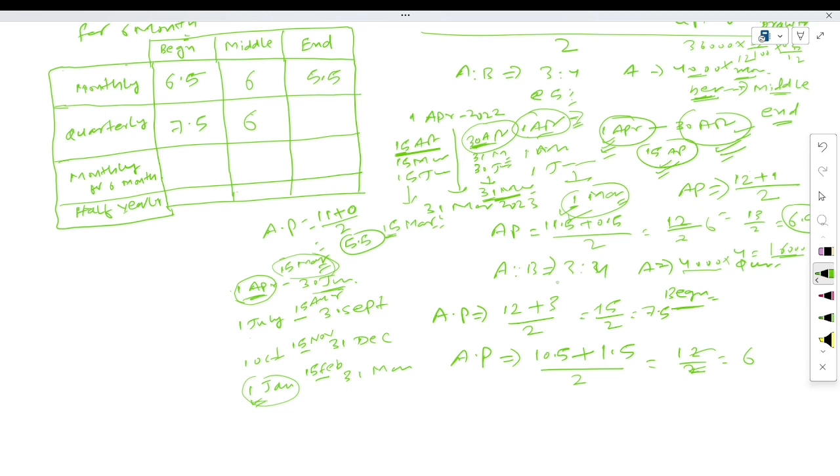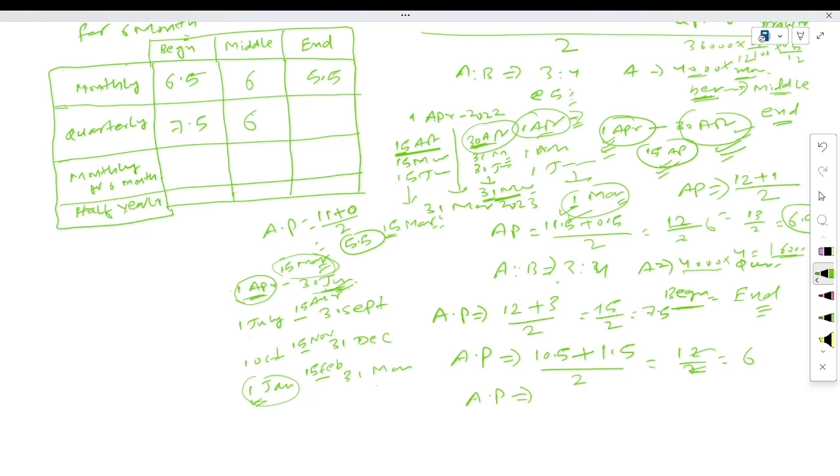In the same way, if it is mentioned in the question that at the end of the quarter he is withdrawing the amount. First quarter end when? 30th June. Second quarter 30th September. Next 31st December, and last 31st March. Then at the end of the quarter he is withdrawing. Then what would be the average period? Number of months left after first drawing. First drawing is happening here 30th June.